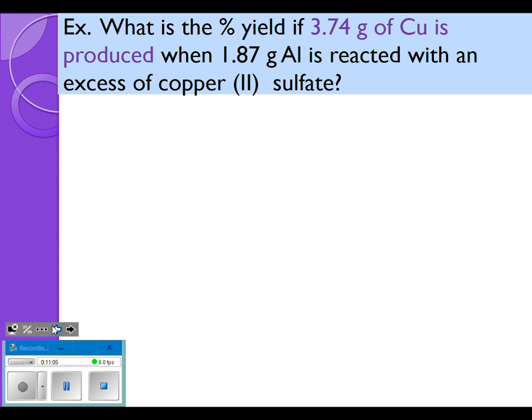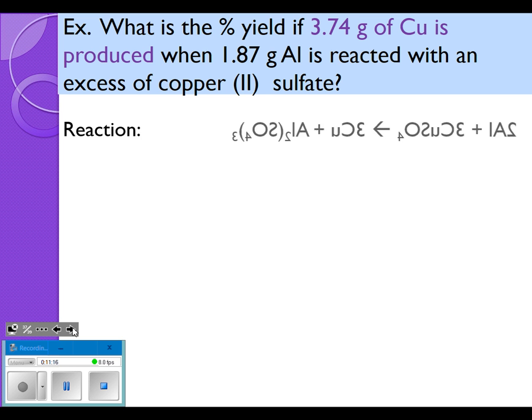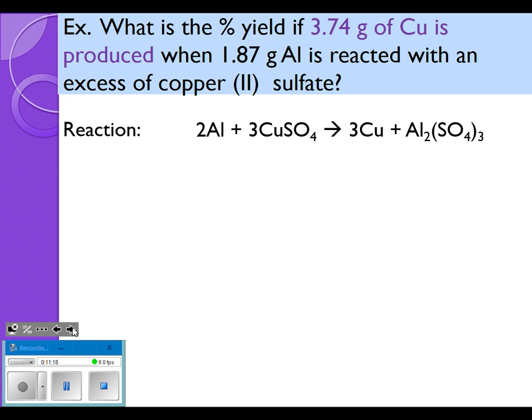All right. So I'm asking for what the percent yield is if I have 3.74 grams of copper, so copper is a product. Okay, and I'm going to start with 1.87 grams of aluminum. So I'm going to find out how much 1.87 grams of aluminum actually makes of copper first. Okay, so I'm going to do my stoichiometry.